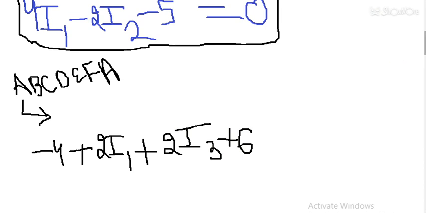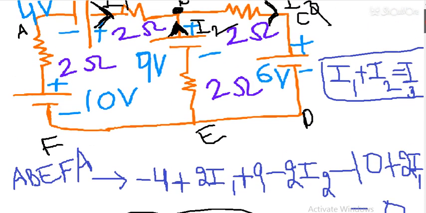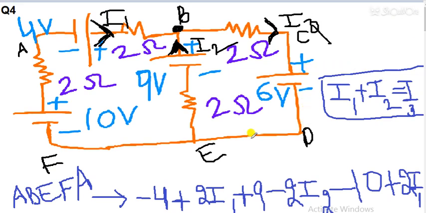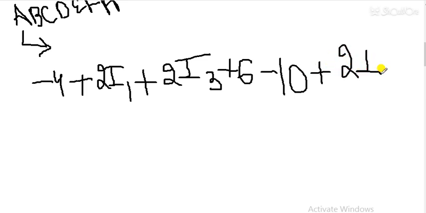Students, you have to take care of all the rules that we have studied earlier. So plus 6 volt, and now minus 10 plus 2I1 equal to 0.